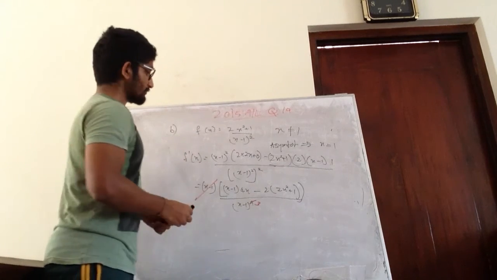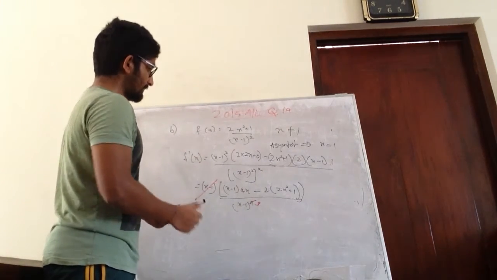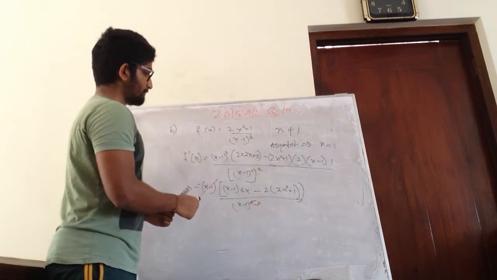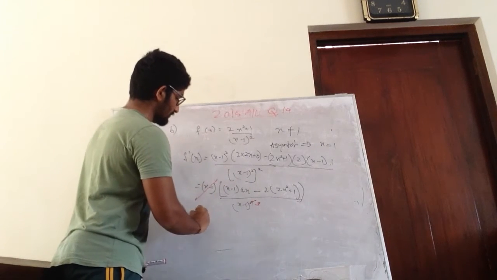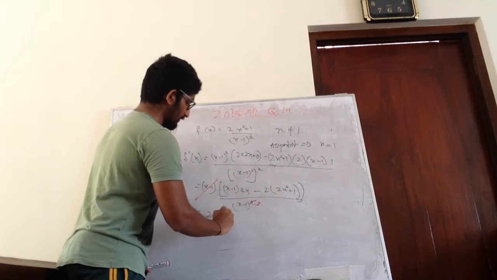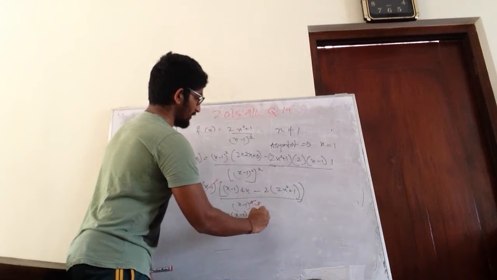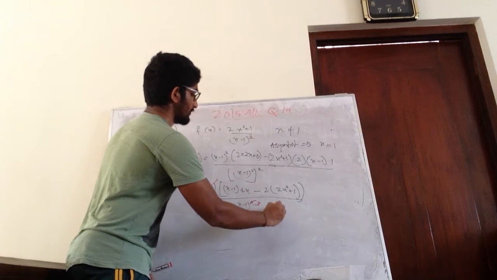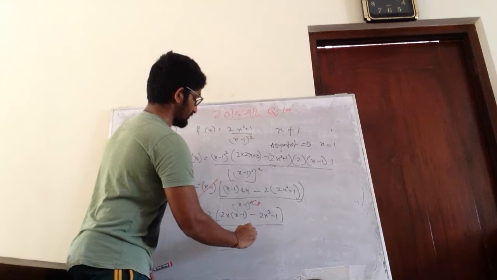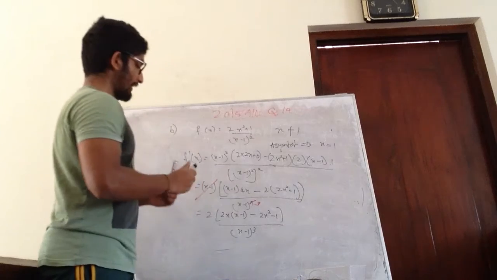Right, so that is done. Then I am going to take 2 out as well. Now we get 2x times x minus 1 minus 2x squared minus 1. Right now?